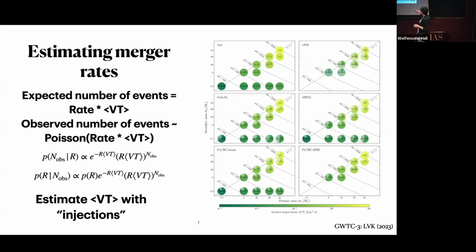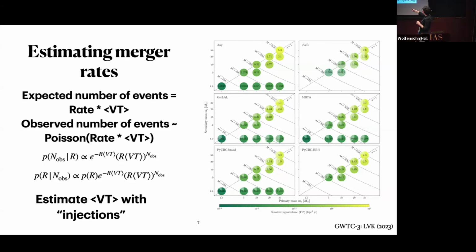It is showing pretty much the same thing in 6 different panels. This is really the one to focus on. The different panels are just for the different search pipelines that the LIGO-Virgo-KAGRA, or LVK, collaboration uses.